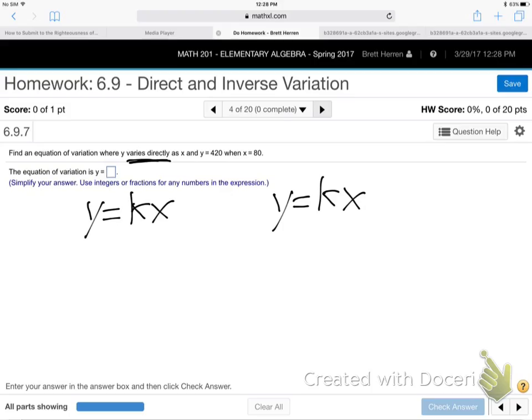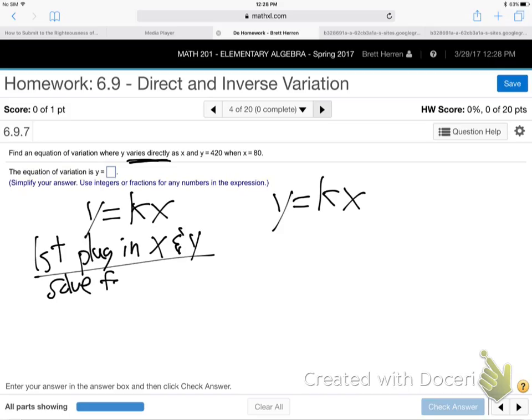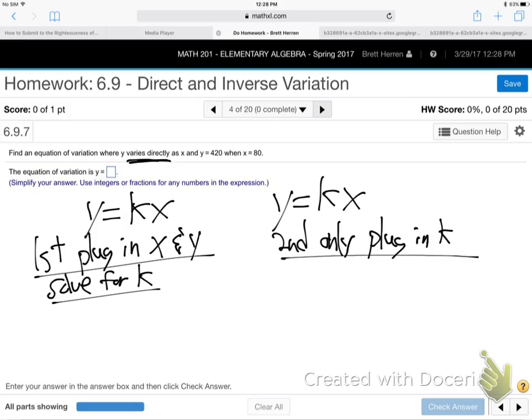When they say varies directly, write it twice. The first time, plug in x and y, solve for k. The second time, only plug in k.